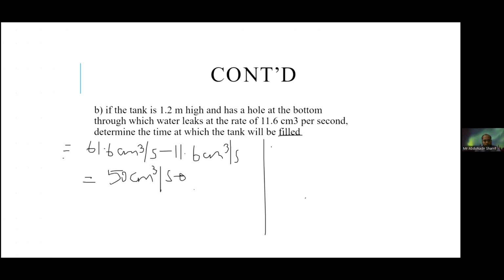So let's continue. You've been told the tank is 1.2 meter high. Remember, the base area doesn't change. So we need to find the volume for this. You take the base area times your height or your depth.